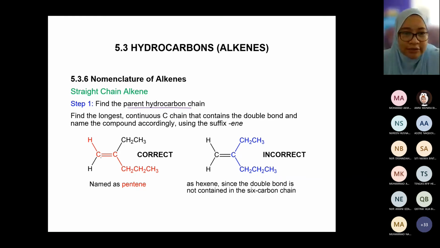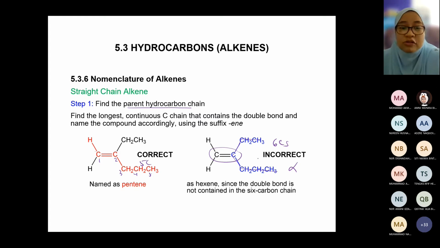For example, like this. This one: 1, 2, 3, 4, 5, 5 carbons. But if you go for this one, 1, 2, 3, 4, you have 6 carbons. But this is wrong because it did not include the C double bond C in the parent chain.